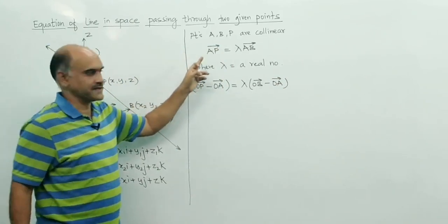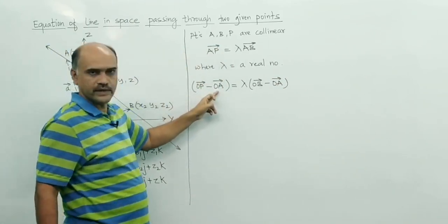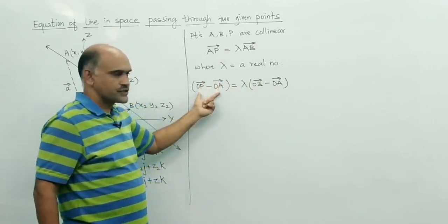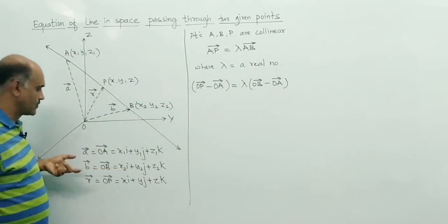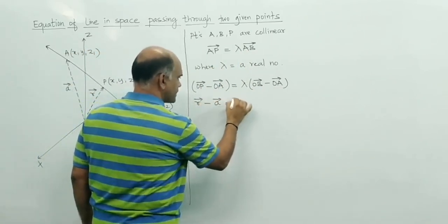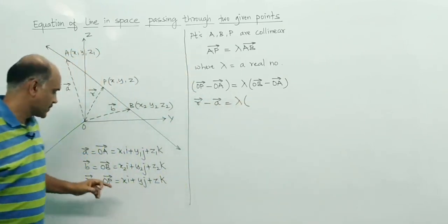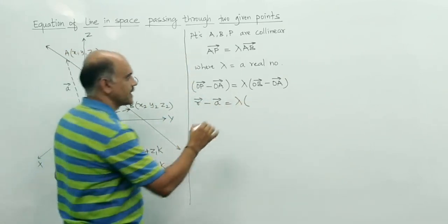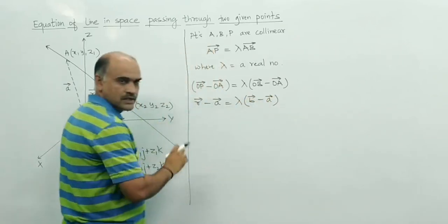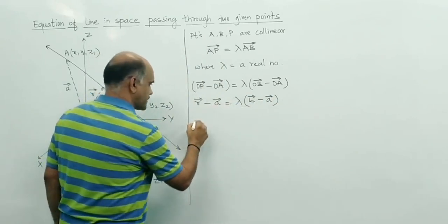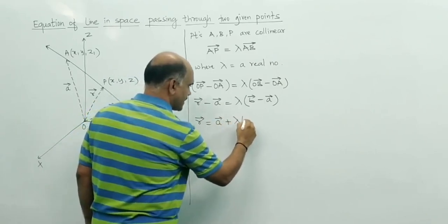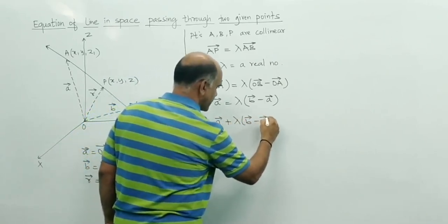In terms of position vectors, I can write OP minus OA, and AB I can write as OB minus OA. So if I substitute these vectors, R minus A is equal to lambda into bracket (OB minus OA), meaning vector B minus vector A. Now take this A to the RHS, so you will have R is equal to A plus lambda into bracket (B minus A).